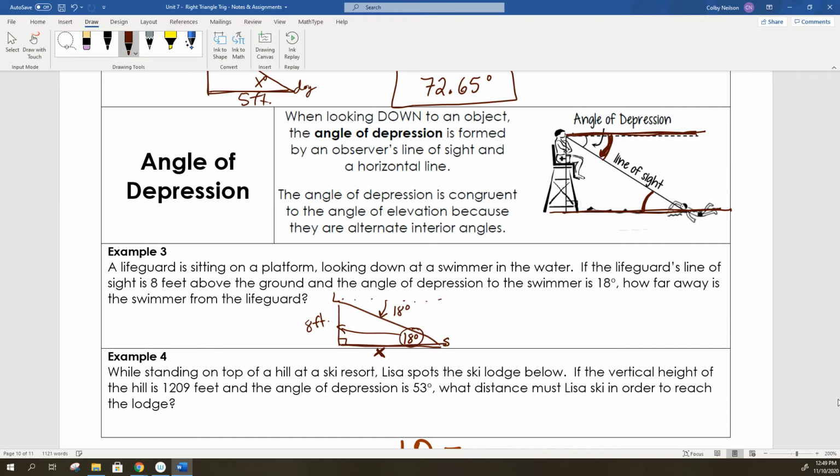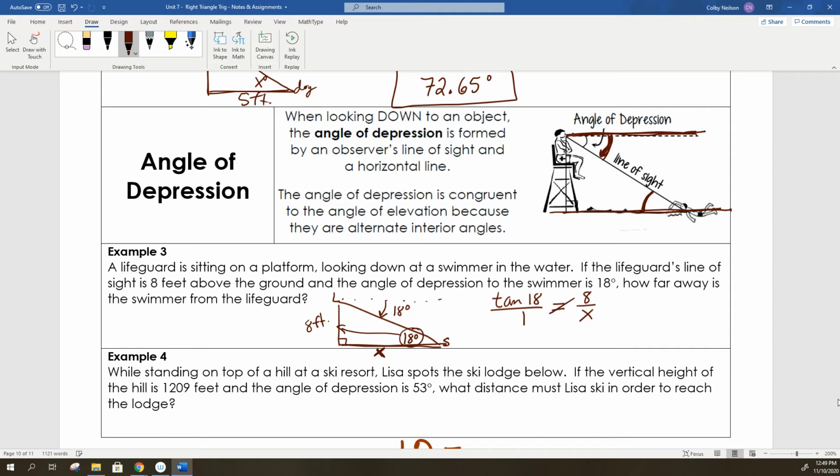The X would be adjacent. So which trig function is it? Tangent. So we set it up. Tangent of the angle equals the side opposite over adjacent. And now we cross multiply and solve like we did a couple of questions ago.